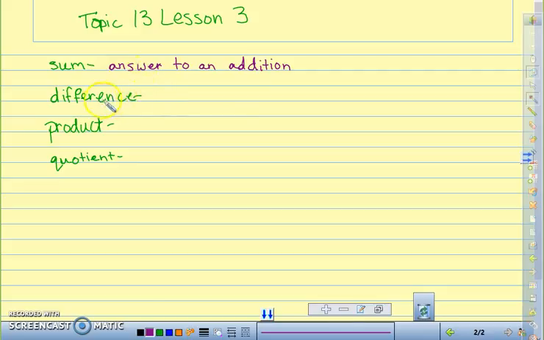The difference, and that is not a P, that is an F, is the answer. Oh, I better put problem on there. The difference is the answer to a subtraction problem.